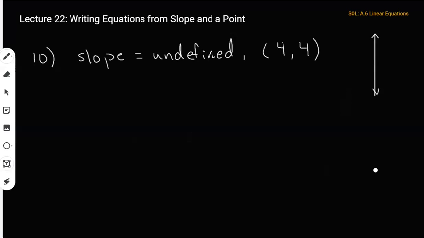So because it's a vertical line, it may or may not cross the y-axis. So I can't do my y equals mx plus b anymore. Since my slope is undefined, we don't really know what m is going to be. But I do know that a vertical line is going to have the equation x equals something.